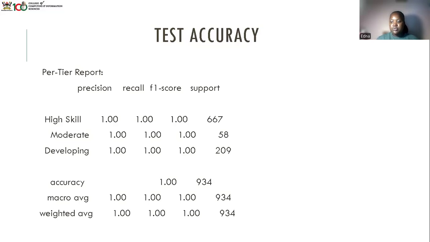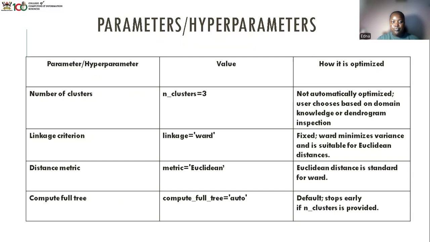Next, we are going to move on to the agglomerative parameters and hyperparameters. For our parameters, we have the first parameter as the number of clusters, which gives a value of 3, which is chosen by inspecting the dendrogram for natural gap points and confirmed by silhouette score.